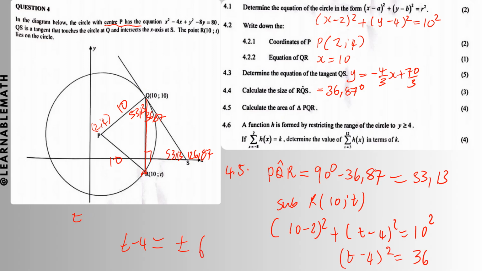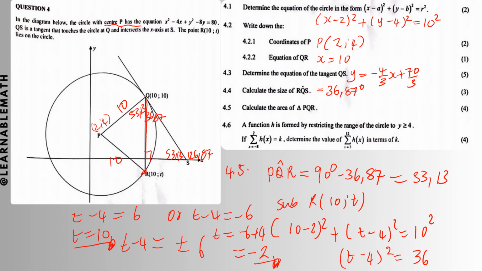So t minus 4 will be equal to 6. The other t minus 4 will be equal to what? Negative 6. Then t here will be equal to 10, right? And this t this side will be minus 6 plus 4, and it's going to be equal to minus 2.